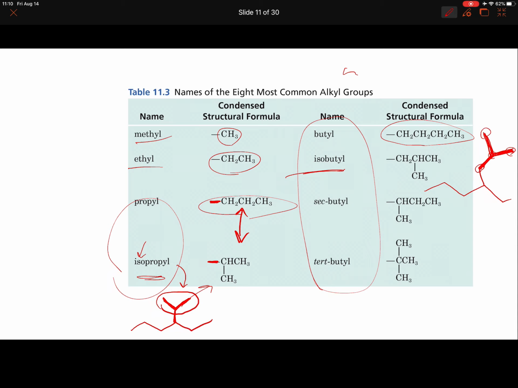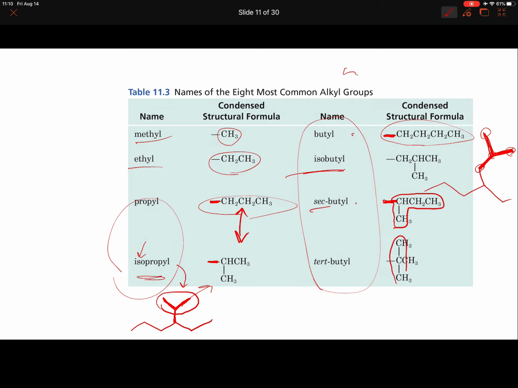And so it makes more sense for sec-butyl probably, because if you look, at least for sec-butyl, these carbons are all in a row. And the difference between butyl and sec-butyl is that instead of attaching to the end of the carbons, it's actually attached to the second carbon, hence sec-butyl. These are still in a row though. You see that with tert-butyl and with isobutyl that they aren't in a row.